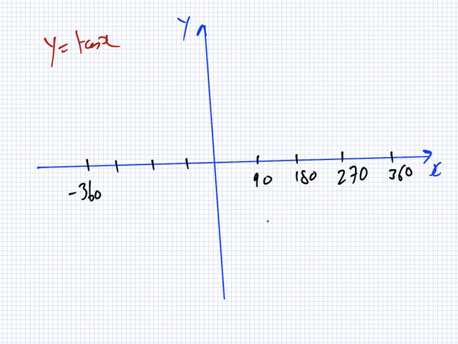So with tan, it's not as nice as sine and cos. It's more broken than the other one. So what happens here? The graph breaks every 90, so it looks like this.